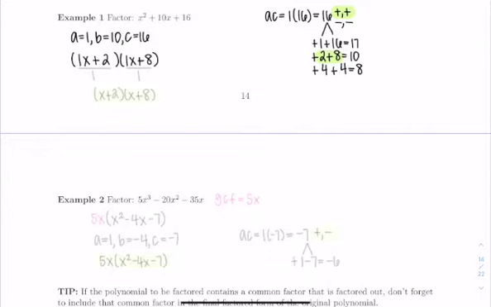The last step is to divide out anything that they have in common. Between 1 and 2, the only thing in common is 1, and between 1 and 8, I only have a 1 in common. So we can just write this as x plus 2 times x plus 8.